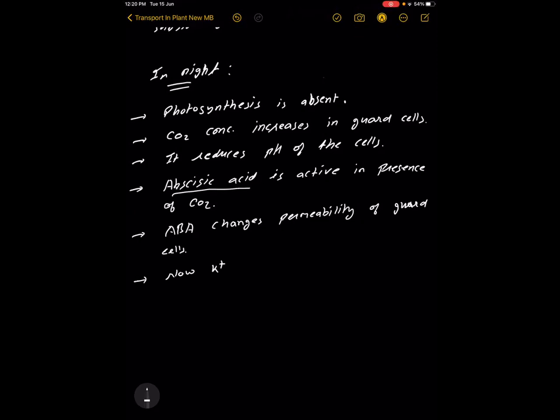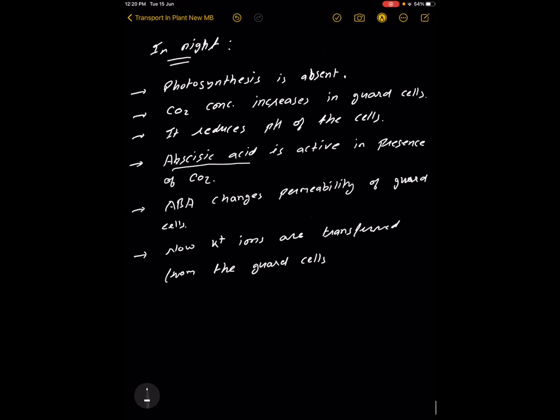Now, potassium ions are transferred from guard cells to epidermal cell again.